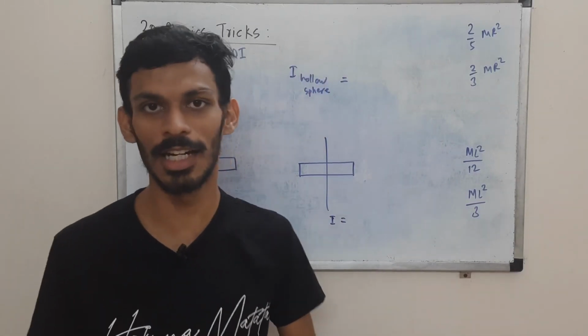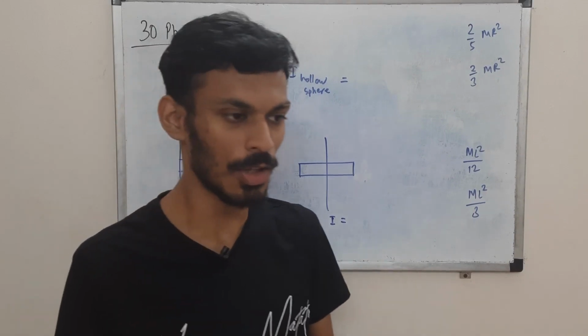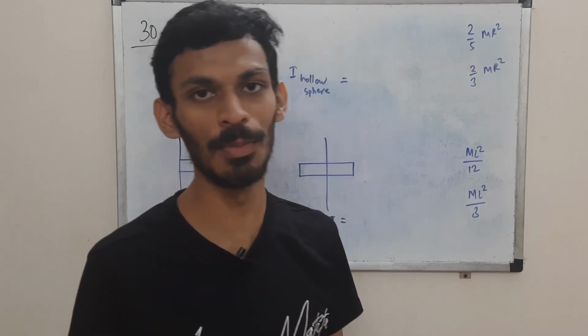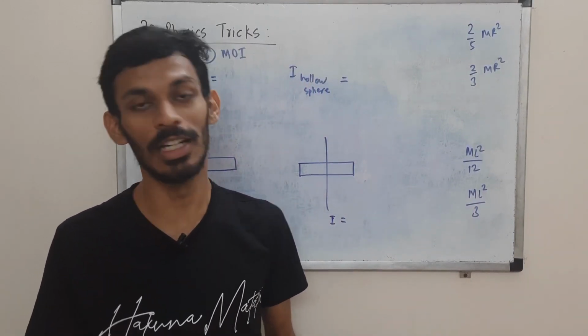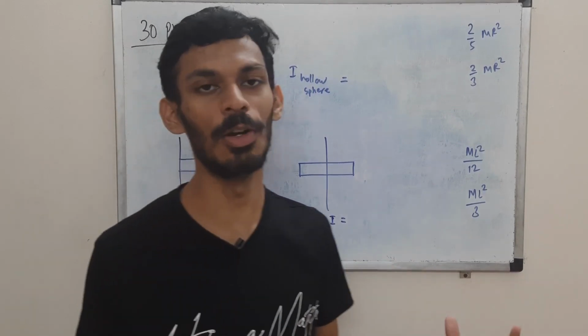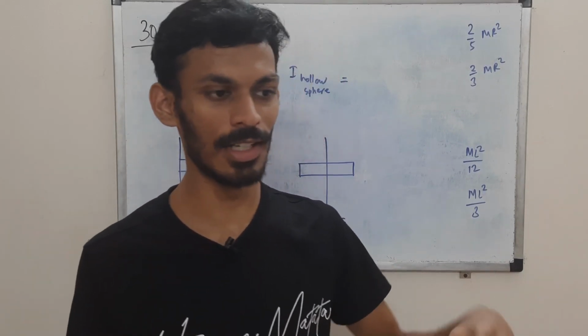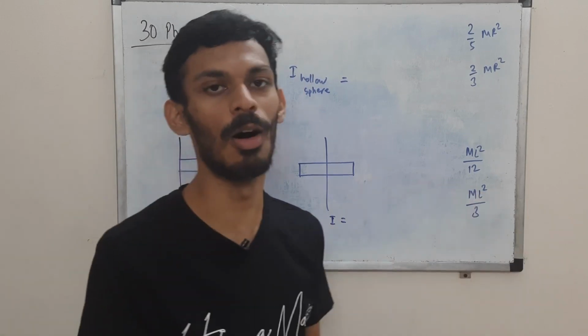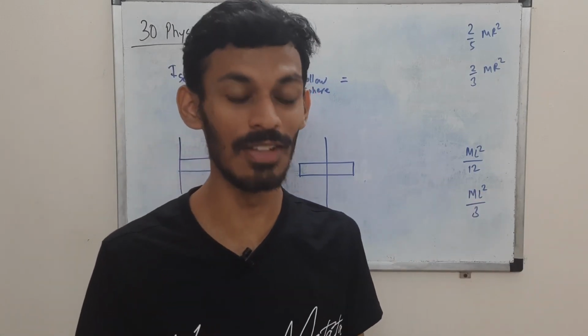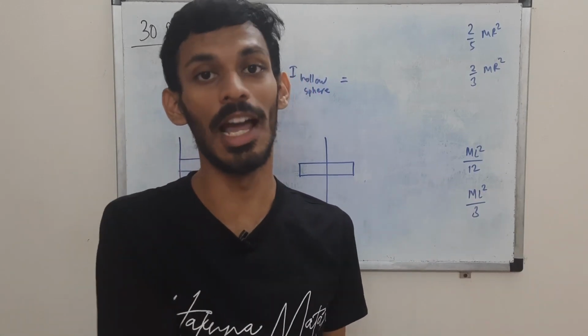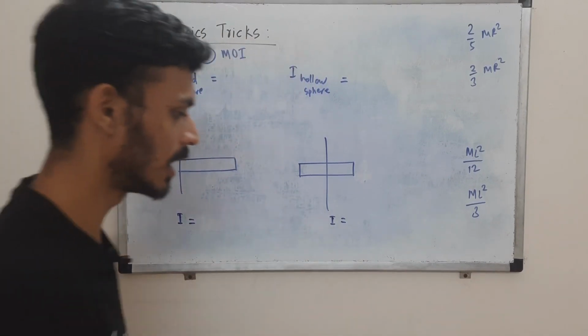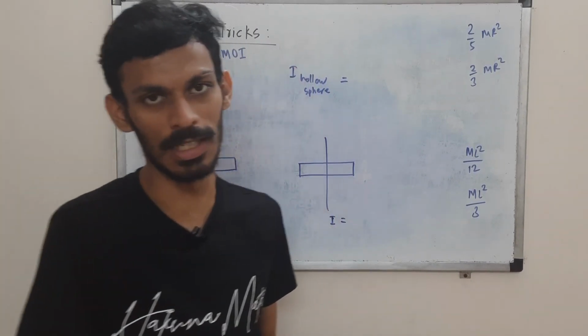And what does inertia do? Inertia preserves motion. So if an object is already moving in rotational motion, if it has higher moment of inertia, it's difficult to bring it to rest. Or vice versa, if you want to bring the object to rotational motion, it's difficult if its moment of inertia is higher. So higher moment of inertia means it's difficult to rotate that object.